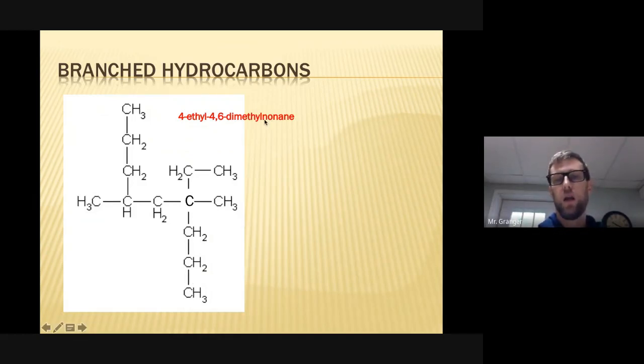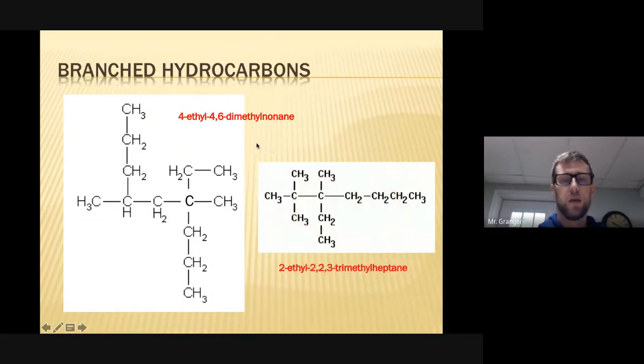So here, if you look at nonane, that's the 9-carbon hydrocarbon that we would consider the main backbone or structure of this substance. We then have some other parts that are preceding the nonane. So we're going to talk about those with these branched hydrocarbons.